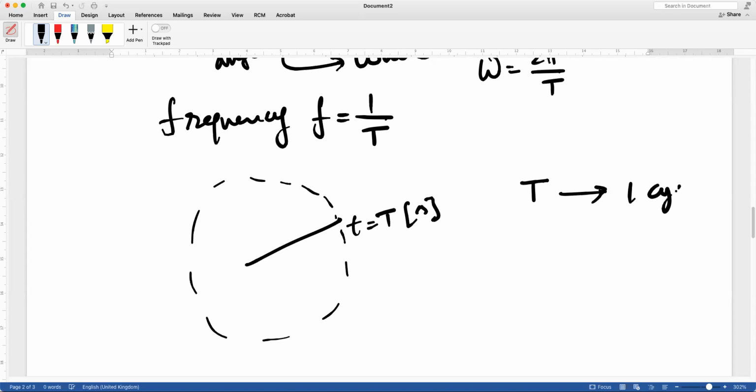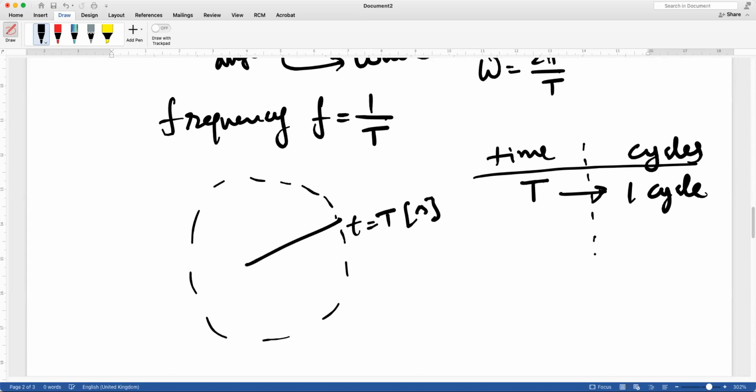So this is time and this is cycles. You get that? And I think I have explained this for anything: when we know something is related to another quantity, immediately we need to think about, for 1 second, how much it is. How to convert the T to the 1?